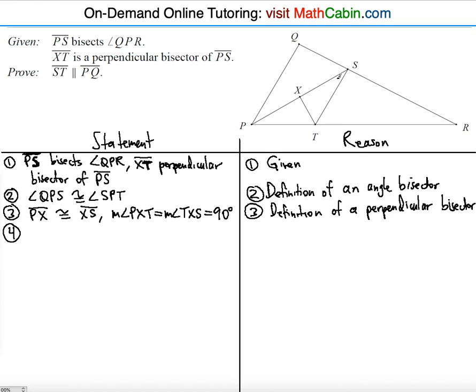So we're talking about these angles being somewhat related, and we're going to explore how. But first we're going to use these two triangles to find relationships that we're going to pass on to this triangle later.